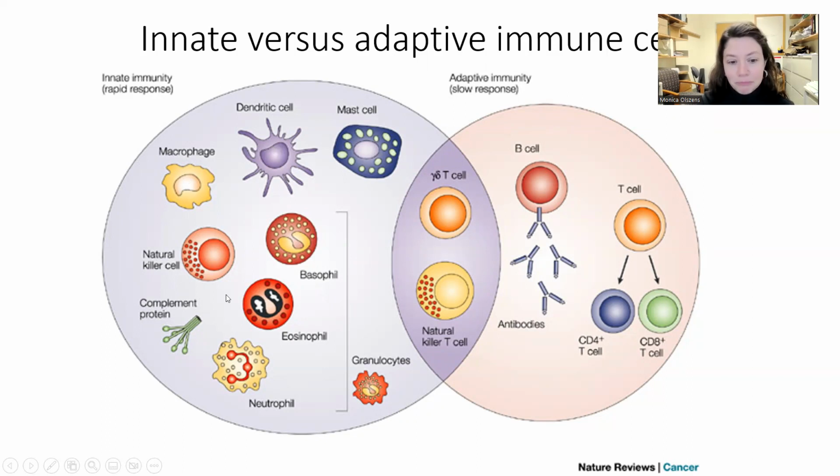And the rest, they all have granules, as do natural killer cells. Okay, so adaptive immune cells, slow and specific, are B cells and T cells. These two in the middle are a bit more of like a graduate level or like an upper level course because they happen to be in the middle.